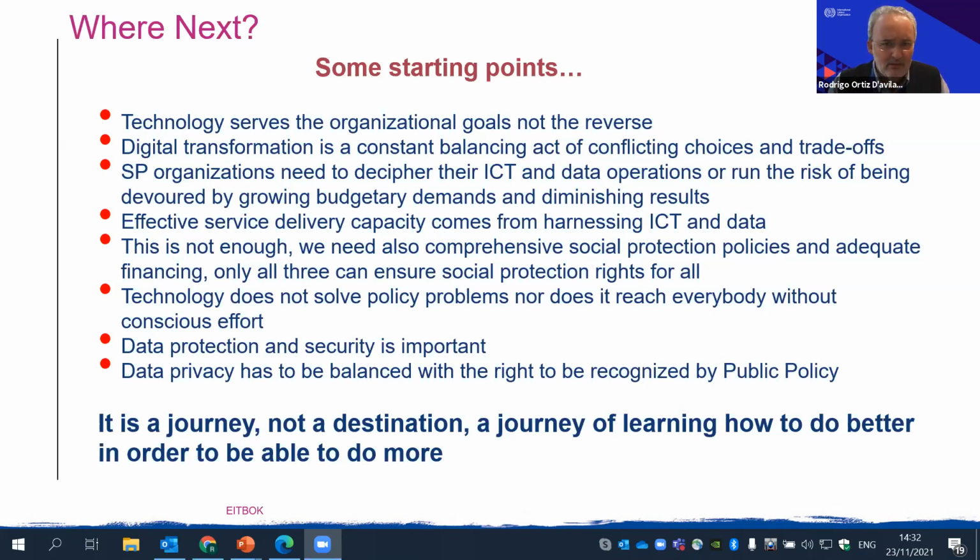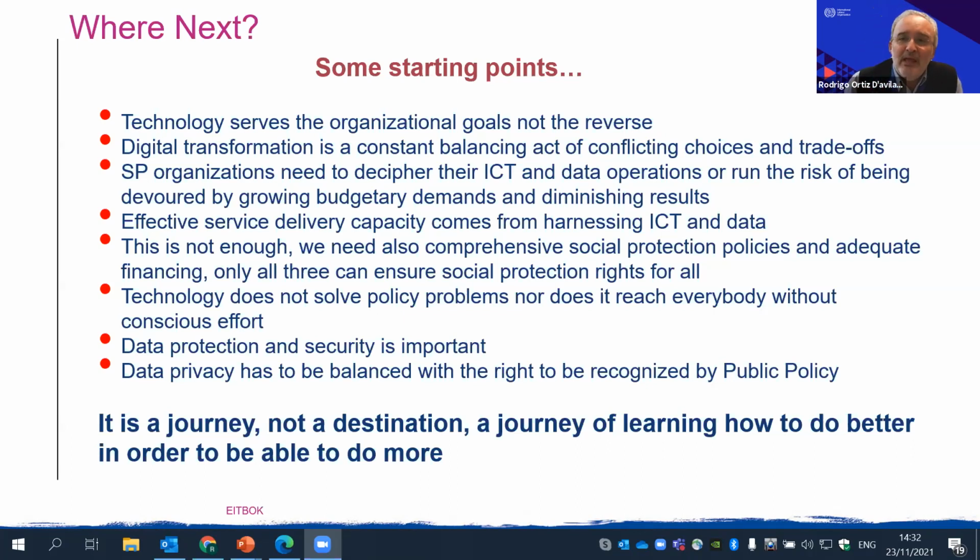Sometimes we don't speak a common language, we use jargon, and we try to put our own IT objectives in front of the institutional and the policy objectives. And that is a huge mistake. Technology must serve the organizational needs and not the reverse.